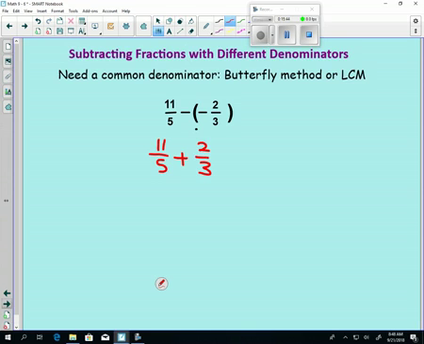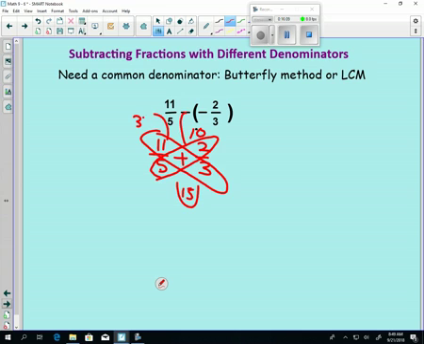Now, if we're going to use the butterfly method, we need to multiply 5 times 3, which gives us 15. Then we multiply 5 by 2, and that gives us 10. We multiply 3 by 11, and we get 33.